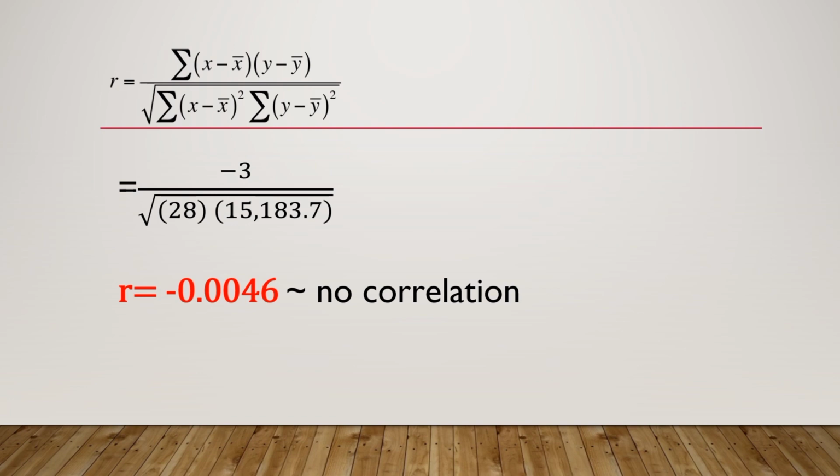Solving for r, or the Pearson's correlation, you have the summation of (x minus x bar) times (y minus y bar), that is negative 3, all over the square root of the summation of (x minus x bar) squared and the summation of (y minus y bar) squared, that is the square root of 28 times 15,183.7. So our r is equal to negative 0.0046, and that is no correlation.